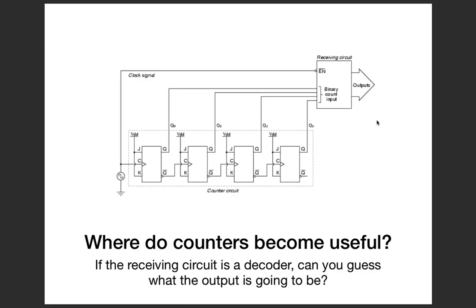So if you consider the counter circuit giving input to this, at every fixed interval of time the count will increment by 1 and the corresponding line will go high or become active. Can you visualize the kind of output we are going to get?